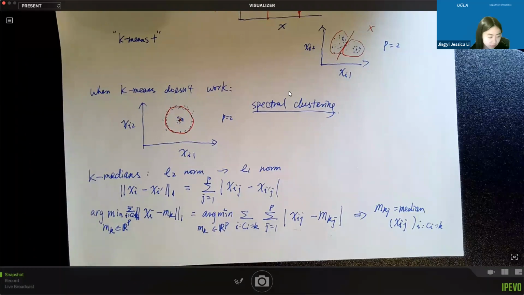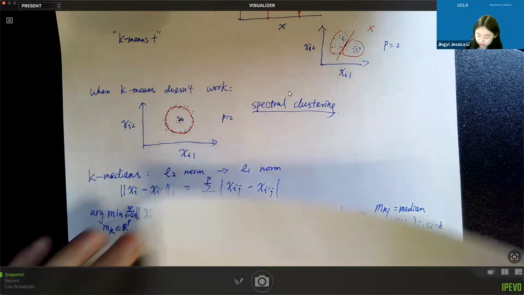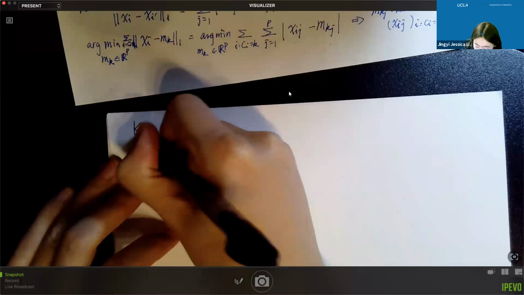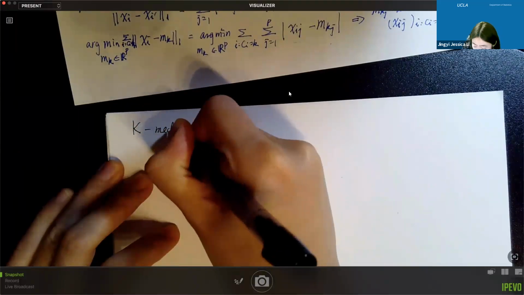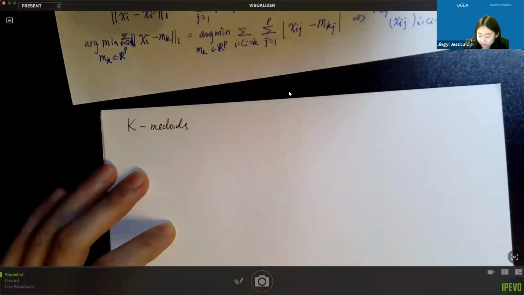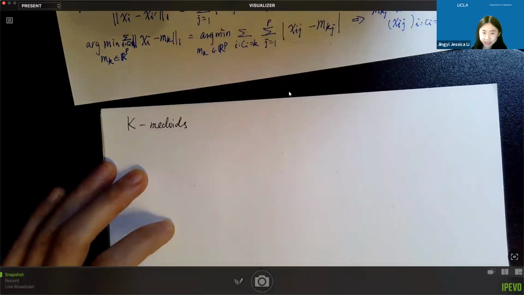There's another variant of the K-means algorithm called K-medoids. By name, it's different from K-means or K-medians in that it uses another way to define the centers.